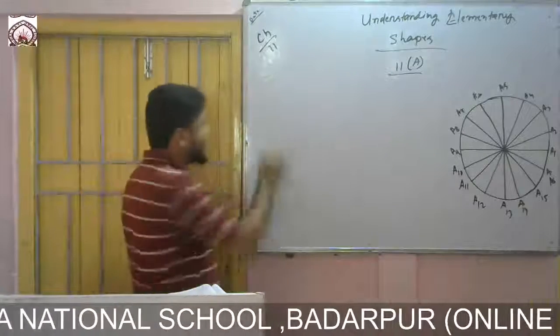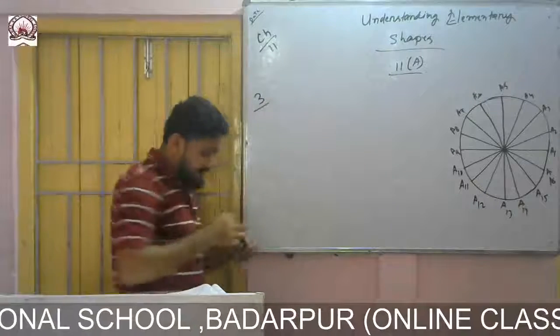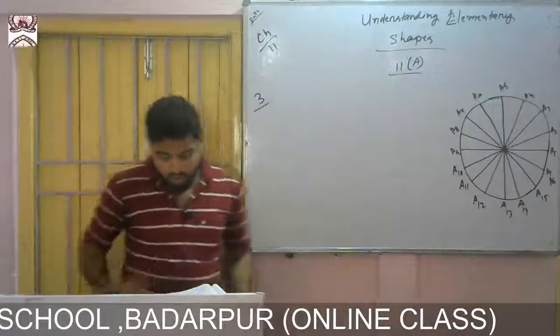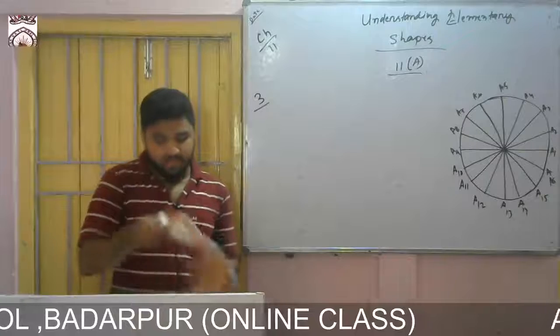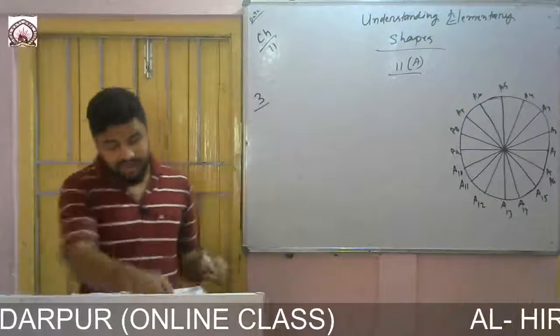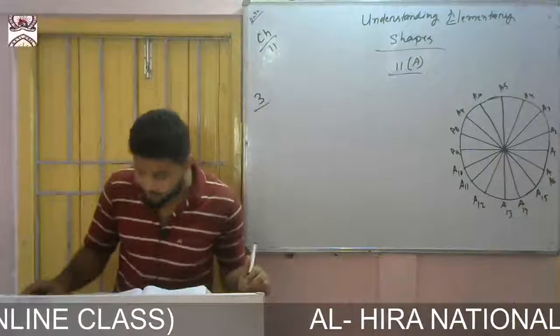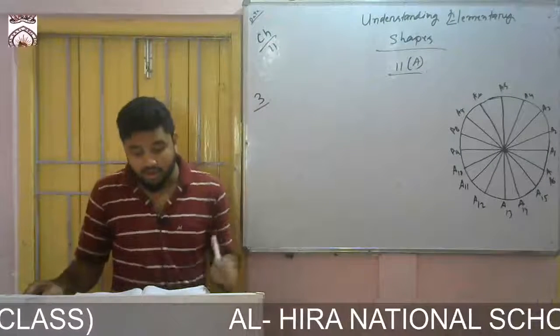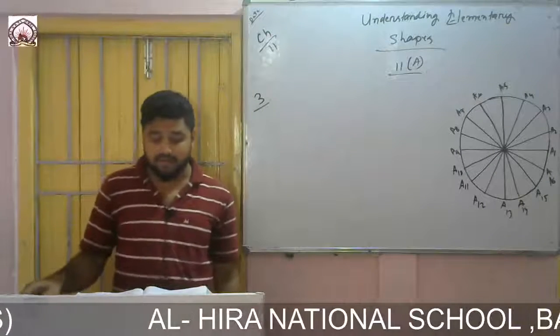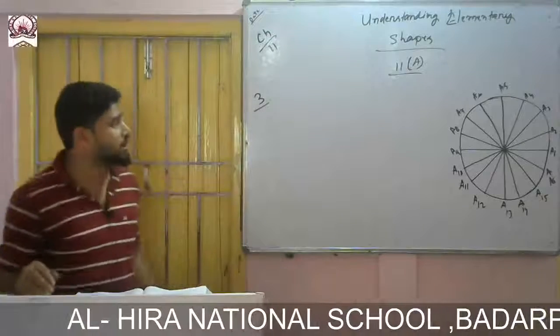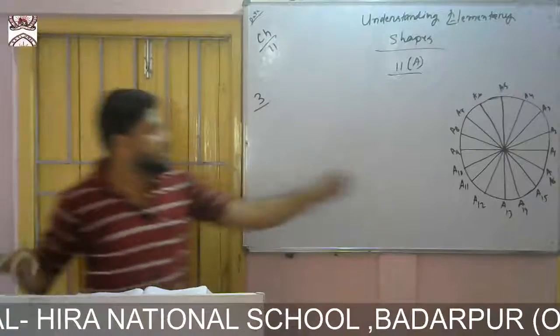So question number 3. First you see what is given. The circle has been divided into 16 equal parts. So one equal part will be what?